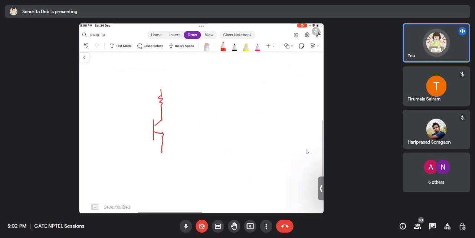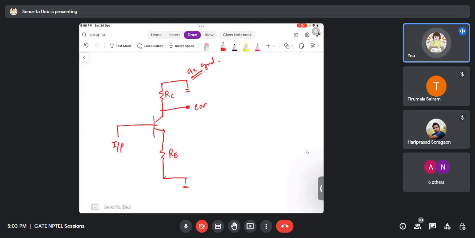So in BJT, this is the input applied and this is RC, RE. If the output is from here, this is AC ground, right? So if the output is from here, this is common emitter. Same circuit.